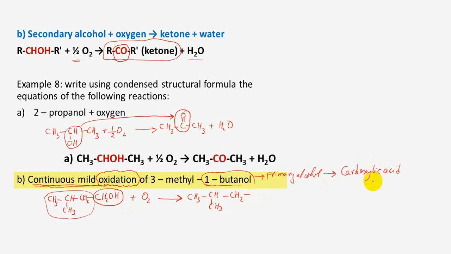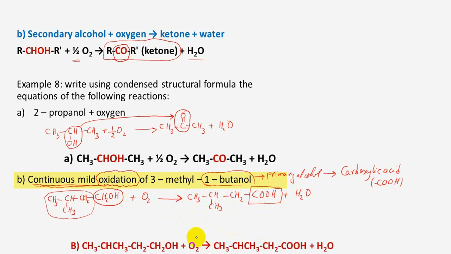Carboxylic acid will have a functional group, which is COOH. It will contain the following functional group: COOH, the carboxyl group, plus the other product of this reaction is water. So we change it into a carboxylic acid.